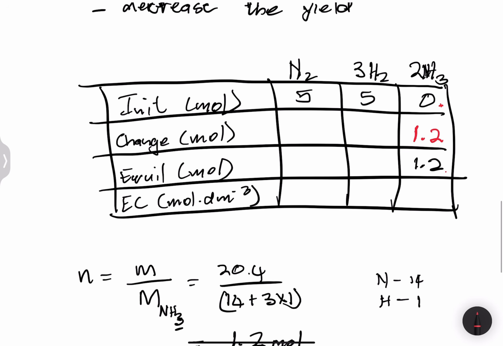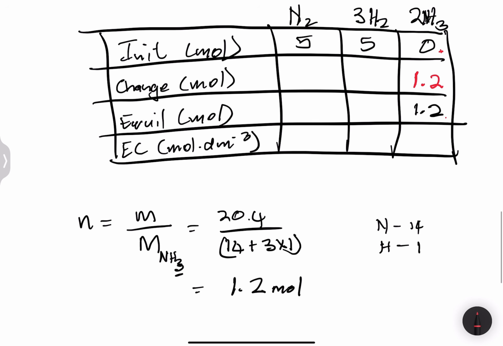Now, the next portion, this is where I want you to please pay attention. What you do is you're going to use those change in moles. In this case, you use your ratios to get the others.